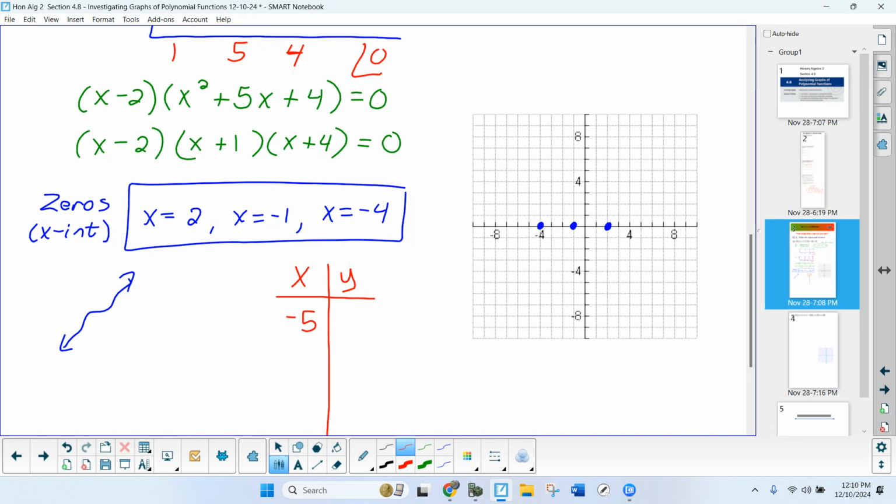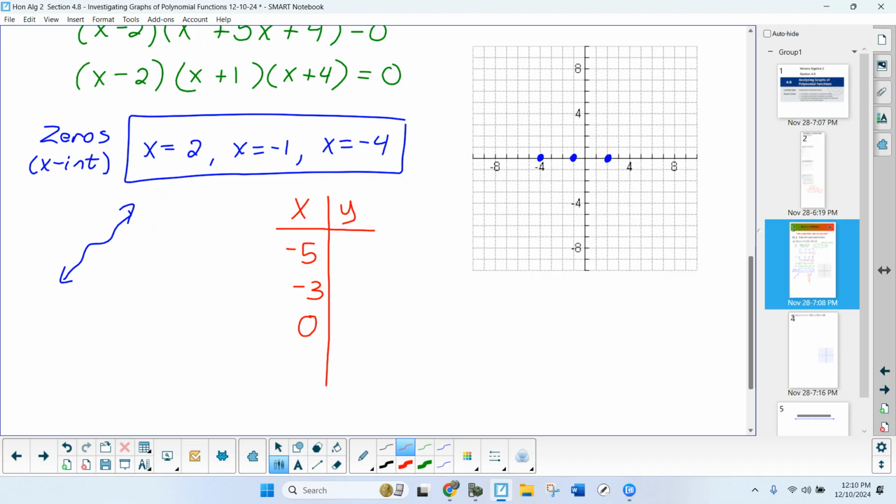What's one that you want to use between -1 and -4? -3. Okay, you might have used -2. It doesn't matter. Which one do you want to use between -1 and 2? 0, absolutely. And then what about to the right of 2? 3. All right. And now we need to put those back into the original problem.